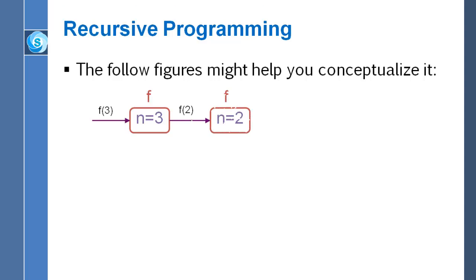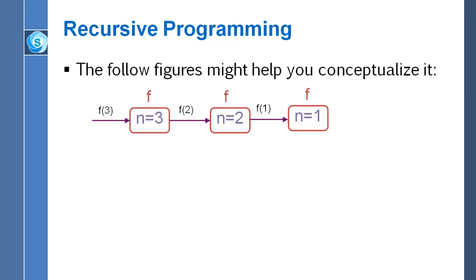But of course that resulted in the need to call f again and pass it the value 2. The value 2 became the value of the second call to f's parameter n. That then in turn resulted in the need to compute f of 1, resulting in a third call to f. Okay?